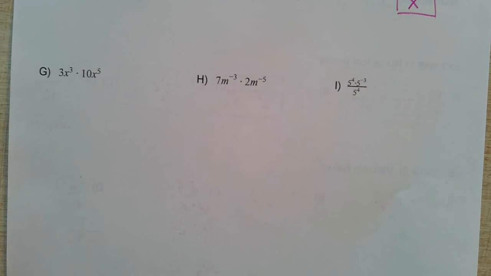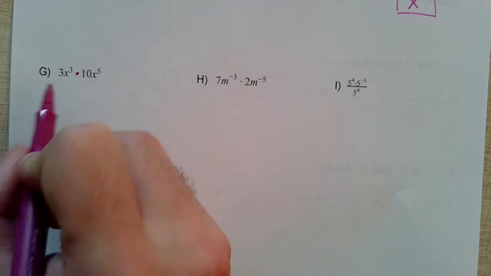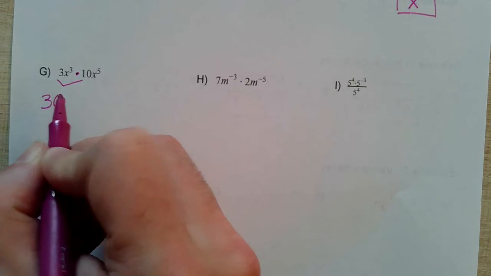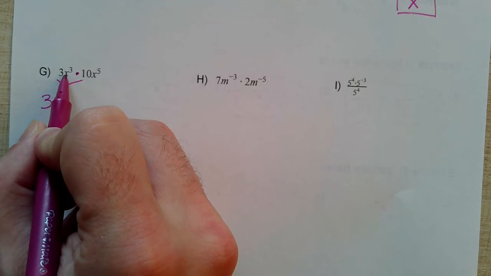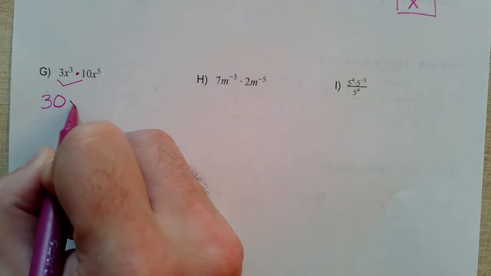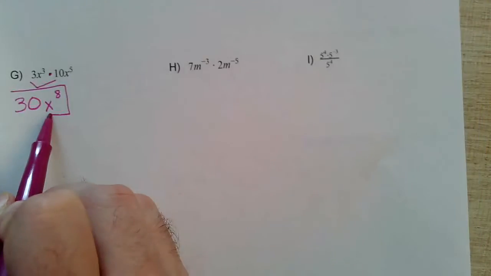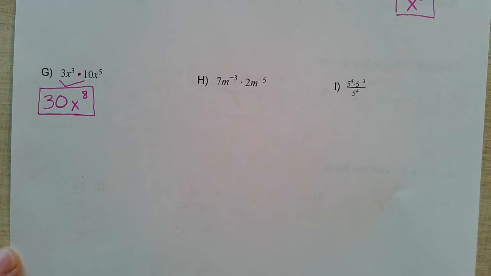G, we are multiplying, so we will multiply the 3 and the 10, giving us 30. And then x to the third times x to the fifth is x to the eighth. I have no negative exponents, so I do not go any further.